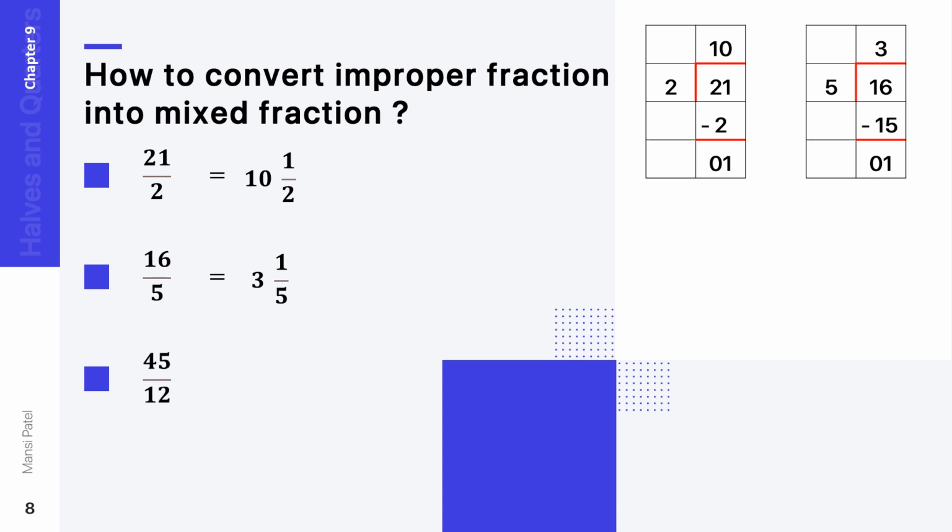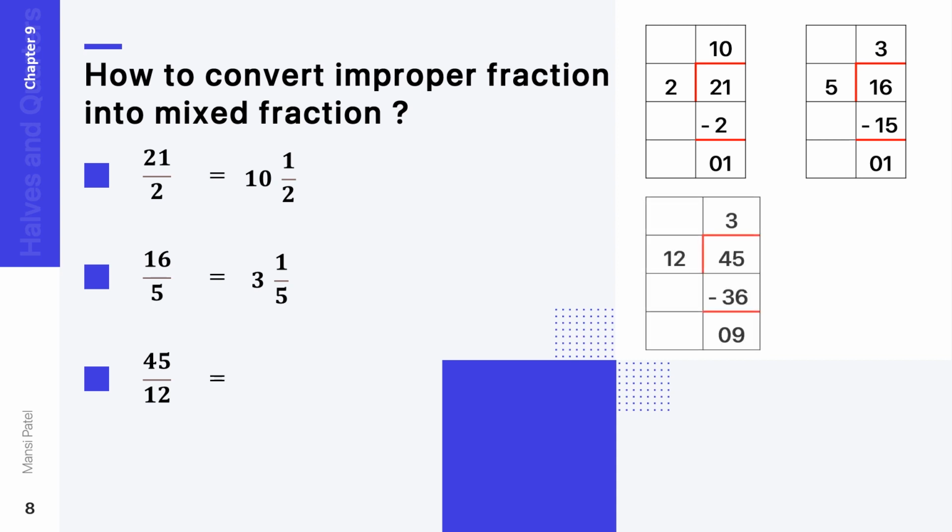45 upon 12. Do the division. 45 divided by 12. So 12 threes are 36. 45 minus 36, that is the 9. So you have to write down first quotient. So your quotient is 3.